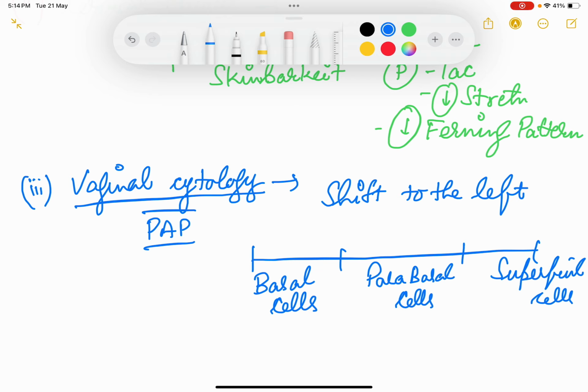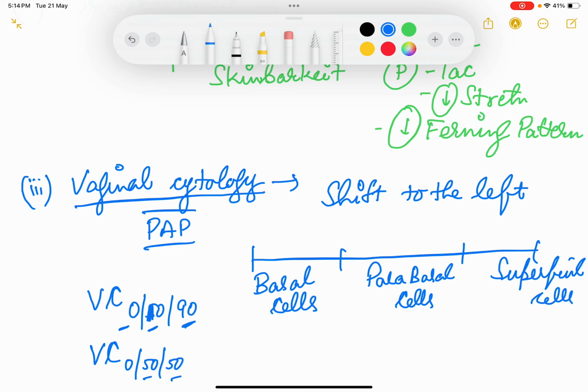So vaginal cytology जो होता है वो ऐसे लिखा जाता है, 0, 10, 90. It means there are no basal cells, 10% are parabasal cells and 90% are superficial cells. Vaginal cytology 0, 50 and 50 means 50% parabasal, 50% superficial cells.